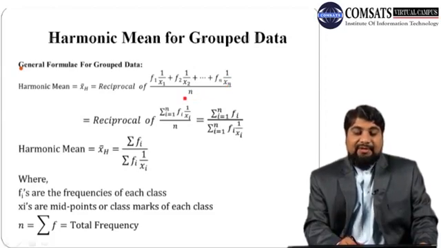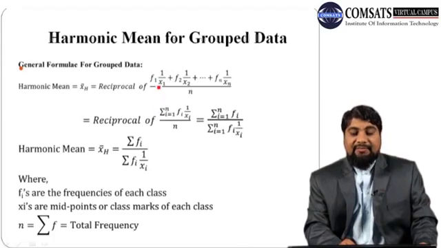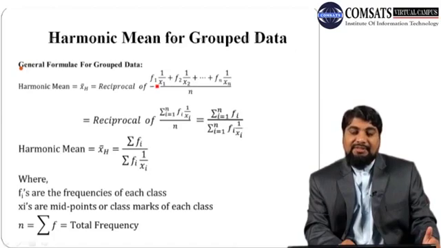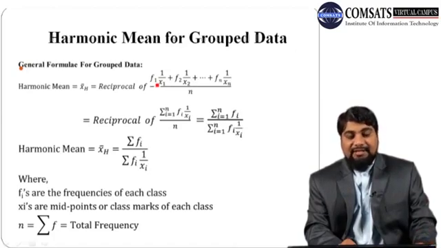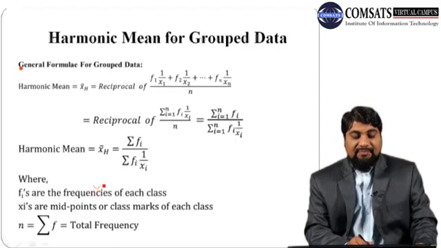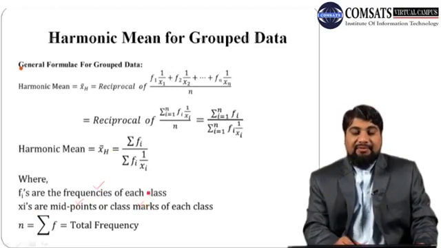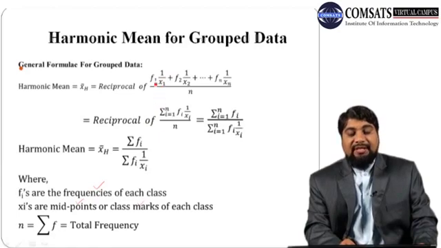Here the fi's are the frequencies of each class. Since we are dealing with grouped data, we will have the frequencies and class limits. So the fi's are the frequencies, and xi's are the midpoints or class marks of each class. So f1 times 1 over x1 means we have to multiply the first frequency with the reciprocal of the first midpoint.